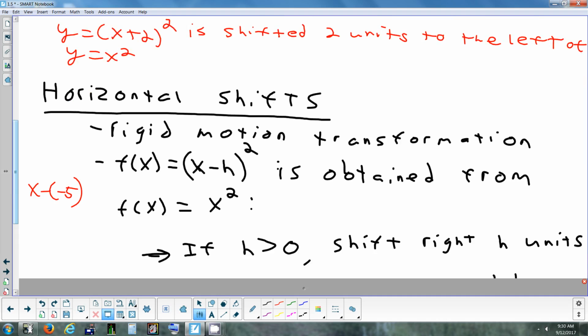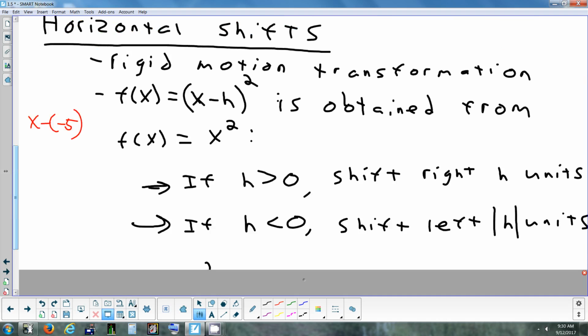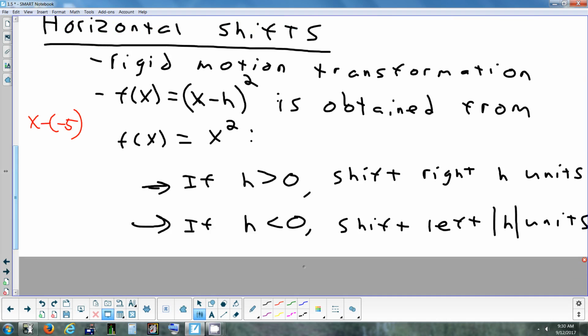You have a negative number, in this case negative 5, that would shift left. Okay, so just want to focus on what I just circled. And just like with shifting up and down, don't say shifting left negative units or shifting right negative units. Left and right takes care of whether it's positive or negative.